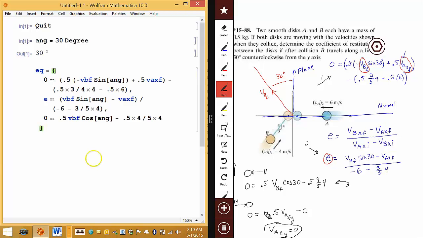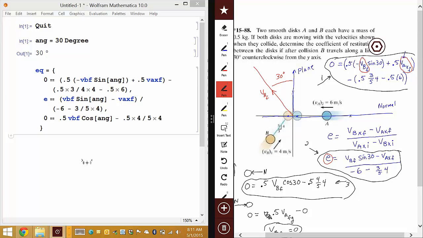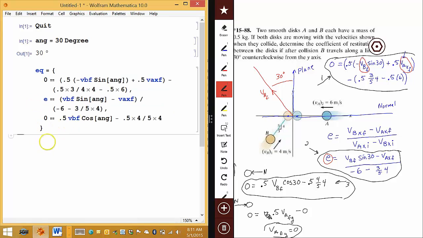So here the equations are equal to, and the first one is this equation. So it's 0 equals 0.5 times, so I've just typed those in. And then comma, here comes the second equation, which is this one right here. And then the third equation, which is that one right there.